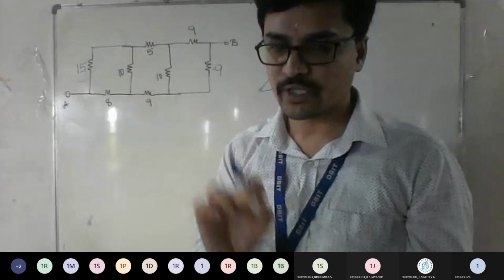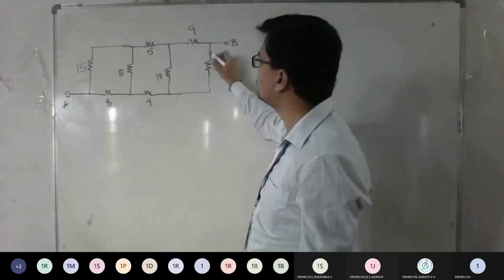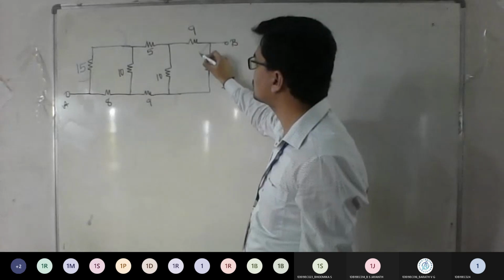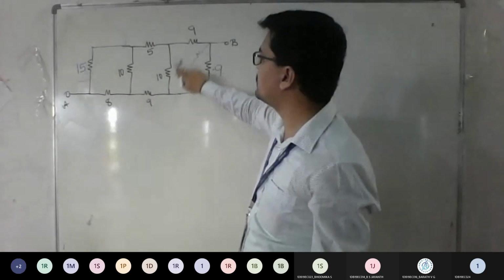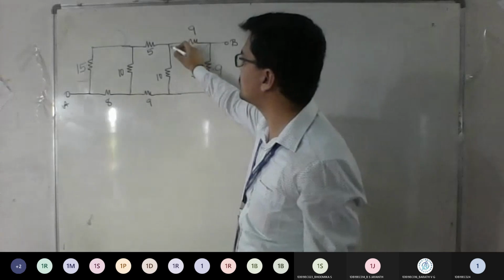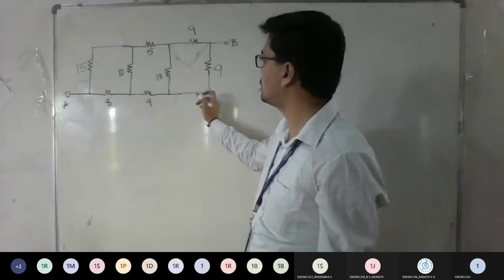So you can draw things in pencil, don't write in pen. So in between two resistors, I can place one resistor. Right? So again, in between these two resistors, I can place one more resistor. Agree, everyone?